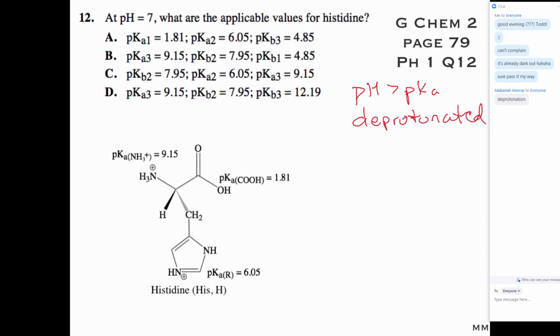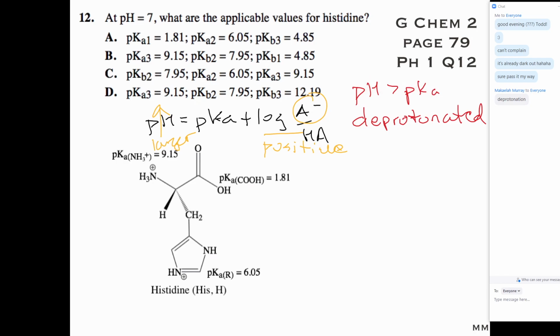And then Henderson-Hasselbalch, just to verify that, pH equals pKa plus log of A minus over HA. If this number is larger, then this number must be positive, which can only be possible if the numerator is the big one. Okay, so according to the Henderson-Hasselbalch equation, deprotonated has to outnumber protonated. According to intuition, higher pH than pKa, deprotonated.